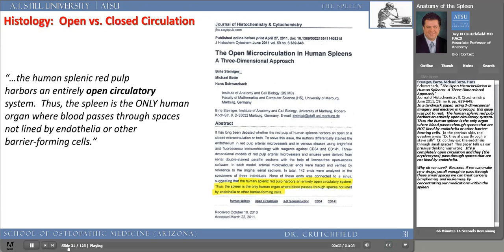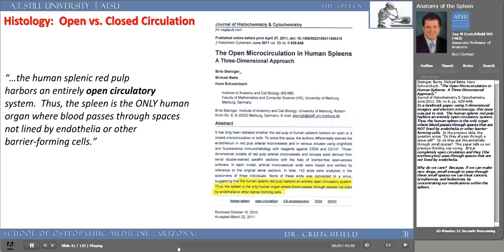In a landmark paper using three-dimensional imagery and electron microscopy, this was put to rest. The human splenic red pulp harbors an entirely open circulatory system. Thus, the spleen is the only human organ where blood passes through spaces that are not lined by endothelia or other barrier-forming cells.